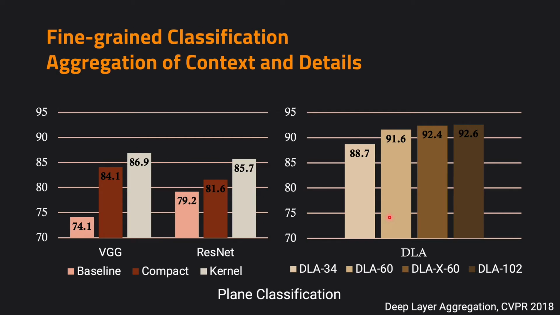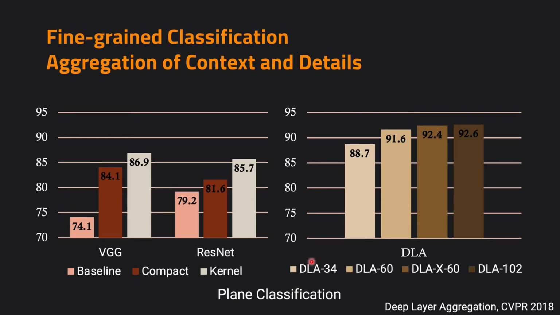So here is another problem we commonly consider in classification. It's called fine-grained classification. In this task, instead of classifying whether the image contains, say, a dog or cat, it considers subcategories of those general objects we see. For example, in this task, the goal is to classify different types of airplanes.